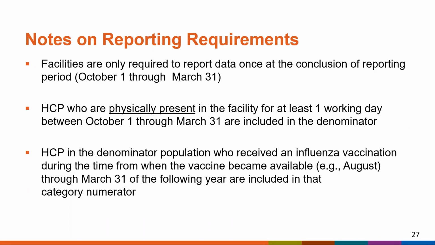Healthcare personnel in the denominator population who received an influenza vaccination during the time from when the vaccine became available, such as August or September, through March 31st of the following year, are included in that category numerator, since vaccine for a given season may be available as early as August or September.